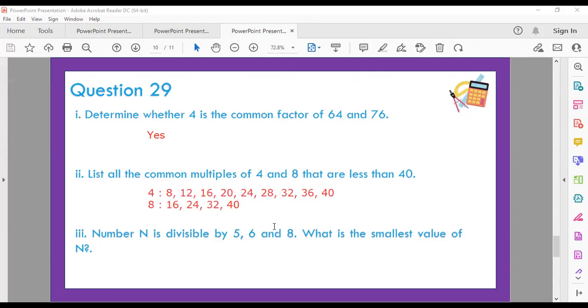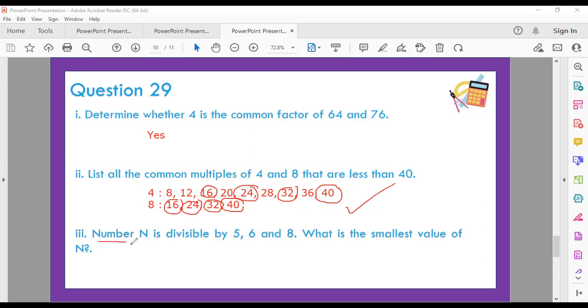Of course, not everything is a multiple of 4. You can see here 16 is common, but not 12. 24 is common, but not 20. 32 is common. And of course, 40. Less than 40, probably we include 40 itself. List all the common multiples. Done this, done. Okay, right.